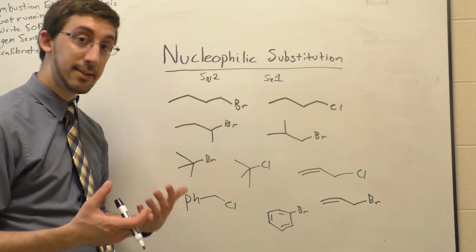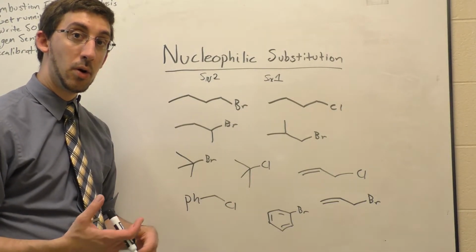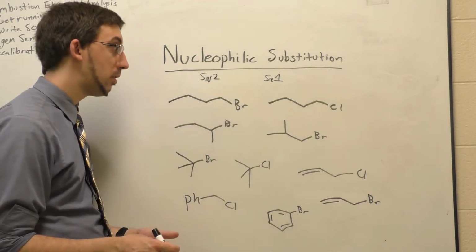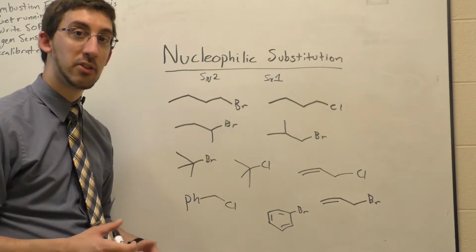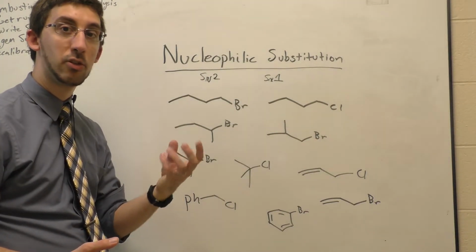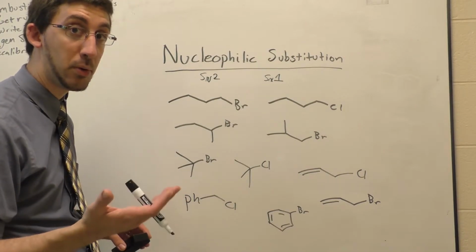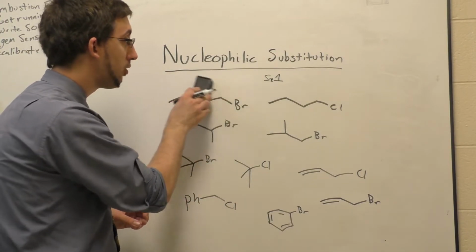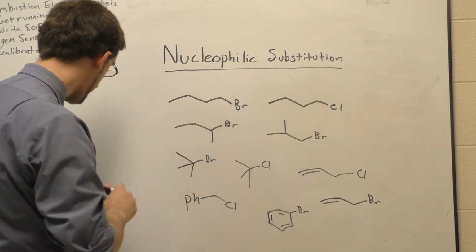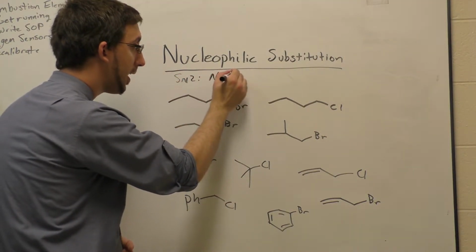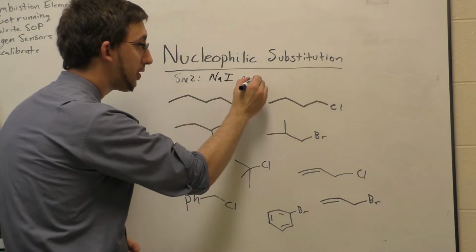Now, in an SN2 reaction, the way that we'll analyze this is we're going to use a nucleophile that will produce a precipitate after reacting so that we can identify when a reaction has occurred. And actually, we'll do this for both series. So in the SN2 reactions, we will use sodium iodide in acetone.